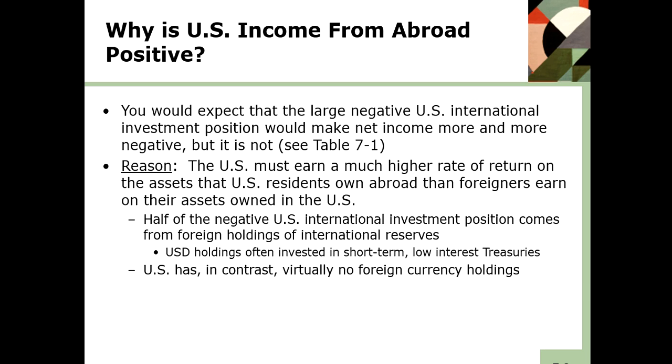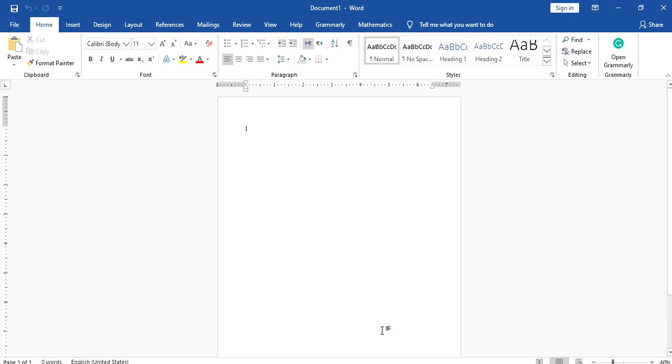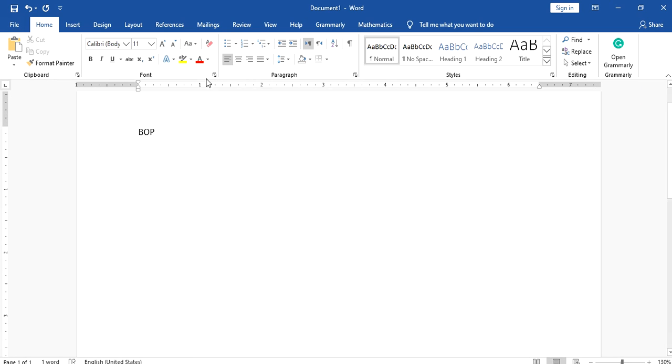Another thing which is very important to know whenever we talk about balance of payment: any transaction will be debited and credited here.